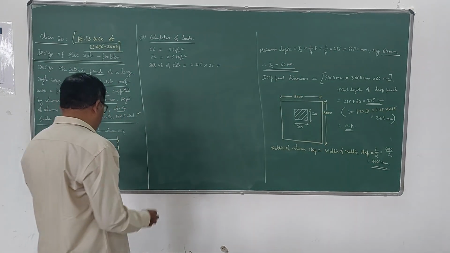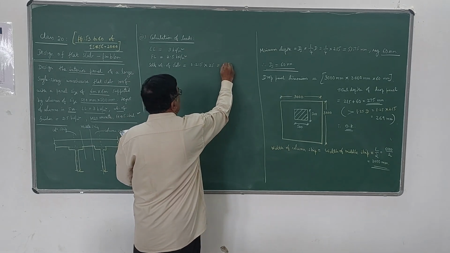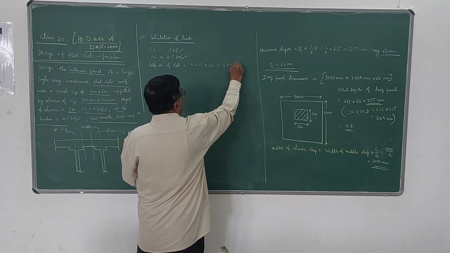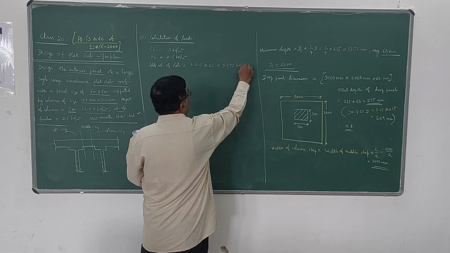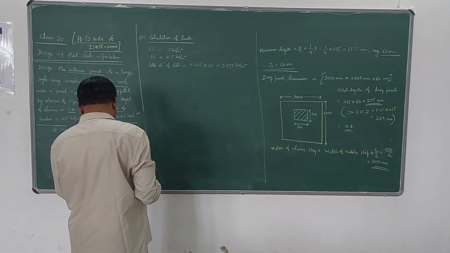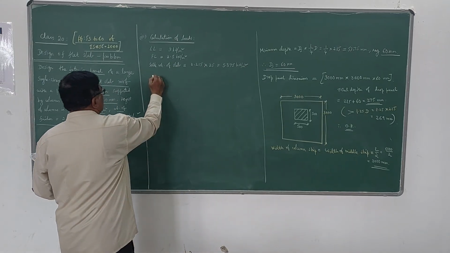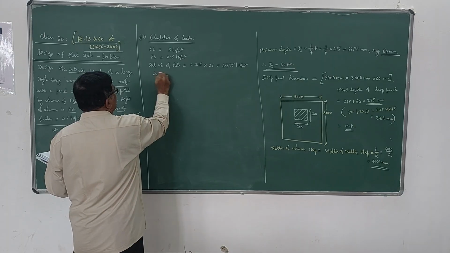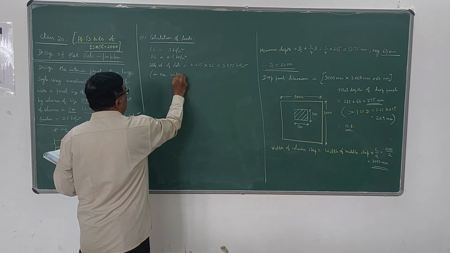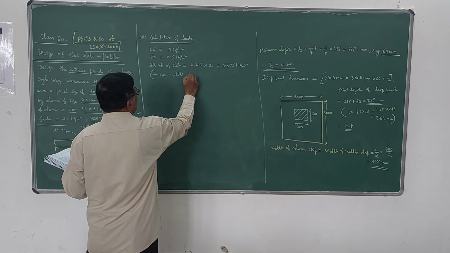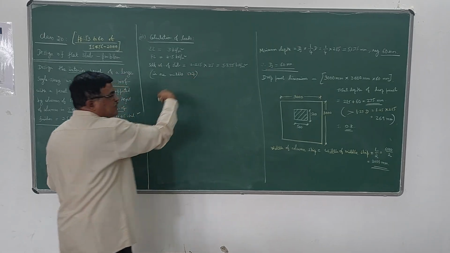So it comes to 5.375 kN per meter square. That is the dead load in the middle strip actually. Because in the column strip the drop will be there. Correct? Yes. So this is in the middle strip.